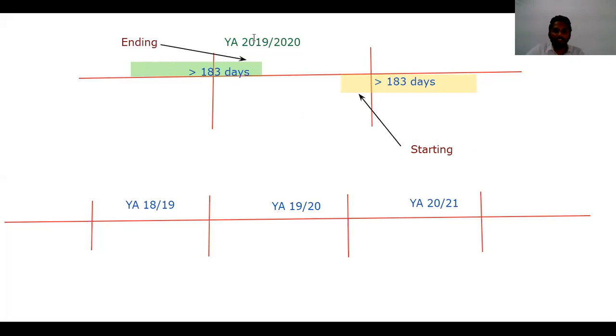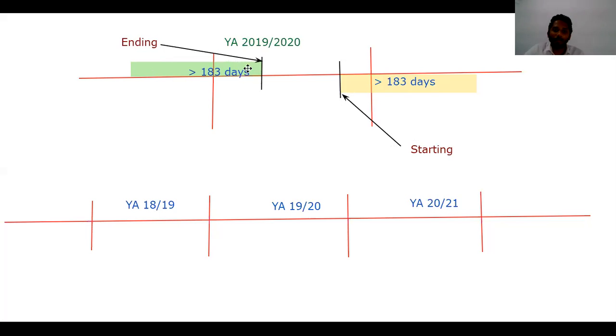Then he ends here or commences here. Commence here or else end here. Then ending, and he is completing 183 days.